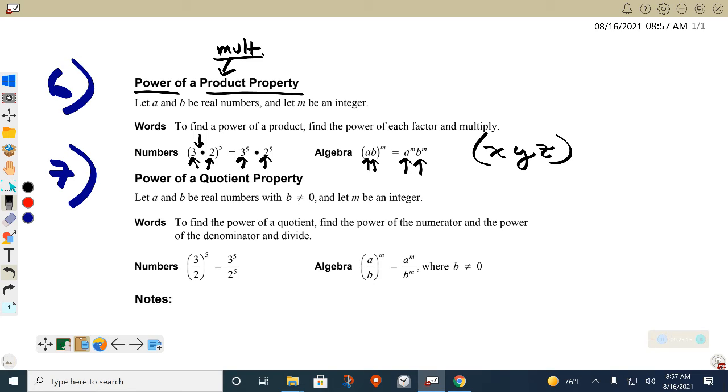Whenever you have variables next to each other, that means multiplication. X times y times z, all to the 8th, let's say. X to the 8th power times y to the 8th power. Exactly, very good. It'll be x to the 8th, y to the 8th, z to the 8th. You just take every factor that's being multiplied to that power.